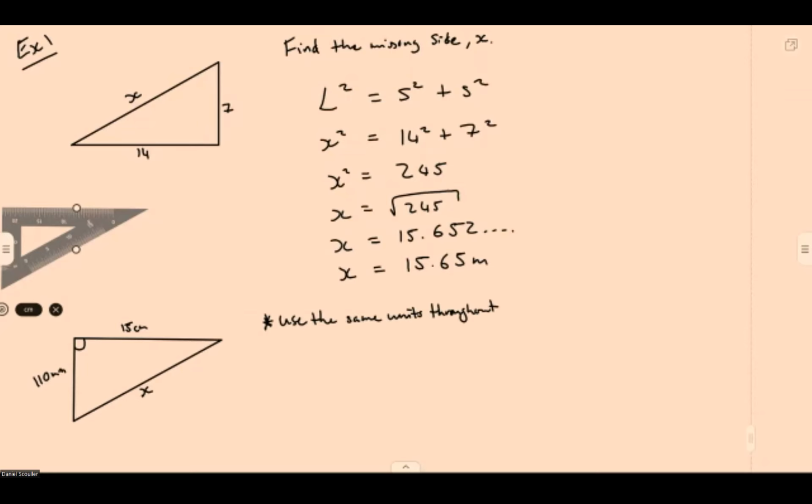You'd have to convert. So kilometres to metres, dividing by 1,000. Metres to centimetres, dividing by 100. Centimetres to millimetres, dividing by 10. And then going the other way.